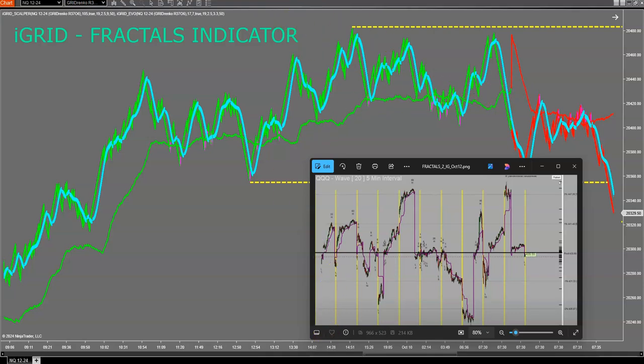So let's just say my fractal tool identified a reversal point here. And then later in the day, it says, wow, this is a whopper reversal. And then I'm sitting, and then I get an actual sell signal.